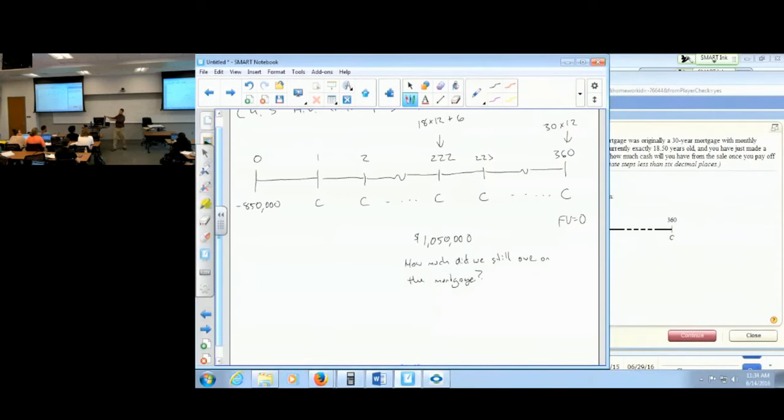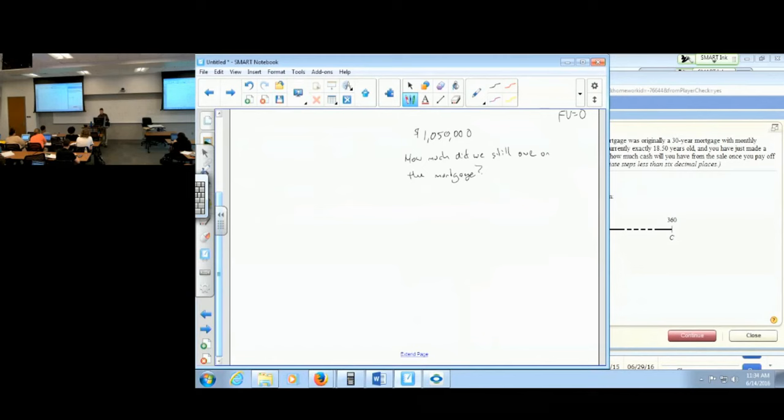What we don't have to do, though, is take those 138 payments times the monthly payment and cut a check for that, because there's interest attached to this loan. When we pay it off early, that's interest we don't have to pay. Time value is working for us in this case. And the bank doesn't care because they're going to take your repayment, turn around and reinvest it in something else. So they're going to earn that interest rate somewhere else. They want the present value of the remaining payments.